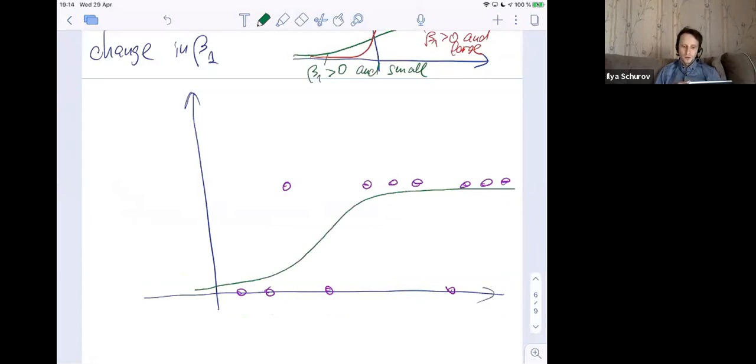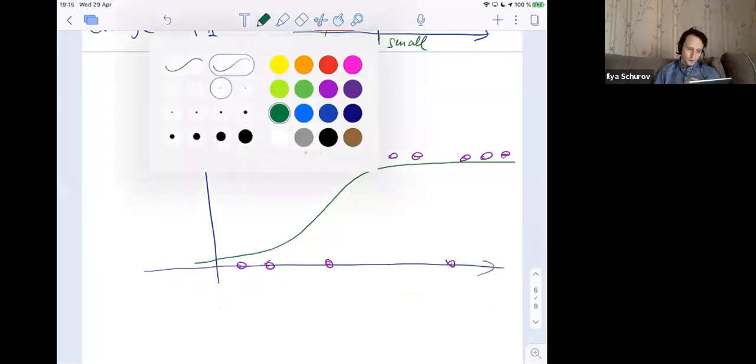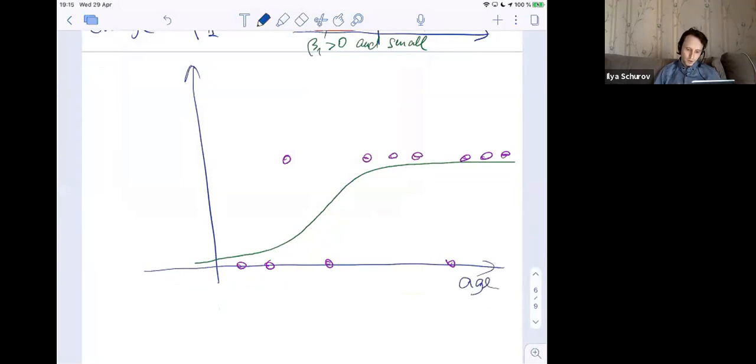I want to fit this curve, the curve from my family, to these data points. In other words, I want to select my parameters beta 1 and beta 0 in such a way that this curve fits my data in some good way. But again, I have to define what it means to fit in a good way.